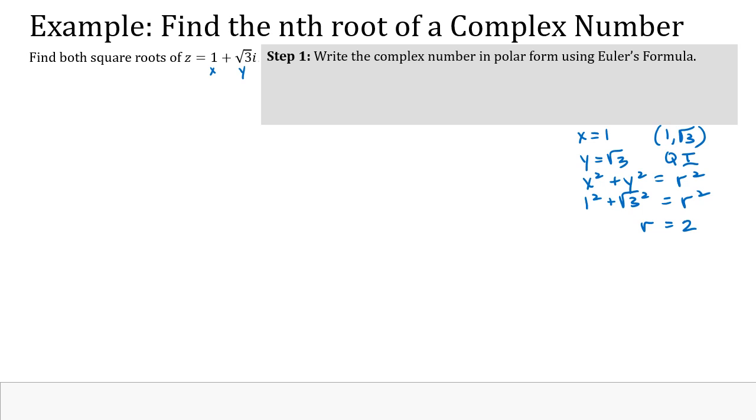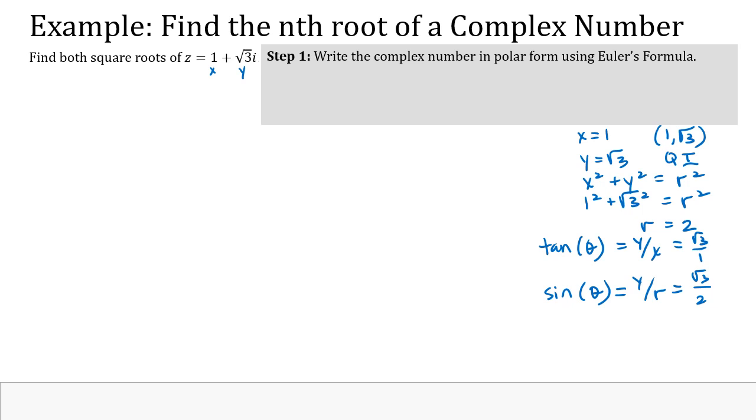So we can either use tangent of theta equals y over x. Okay, my y value is the square root of 3. My x value is 1. If you know what angle produces a tangent of square root of 3, then go for it. If you don't have that memorized, then maybe you want to use sine, which is y over r. My y value is the square root of 3. My r value is 2.